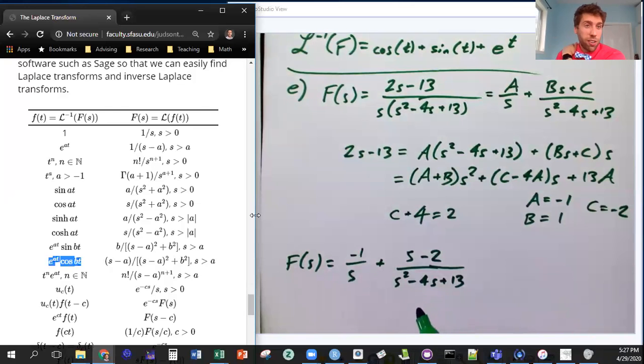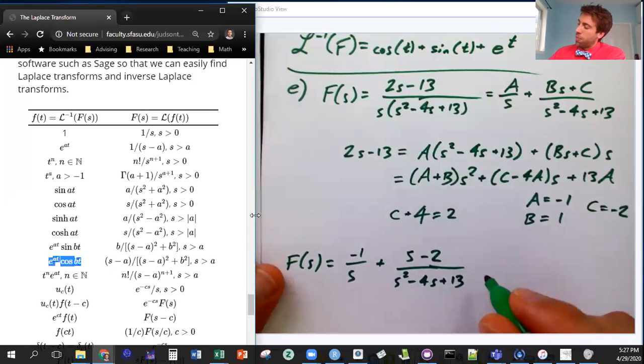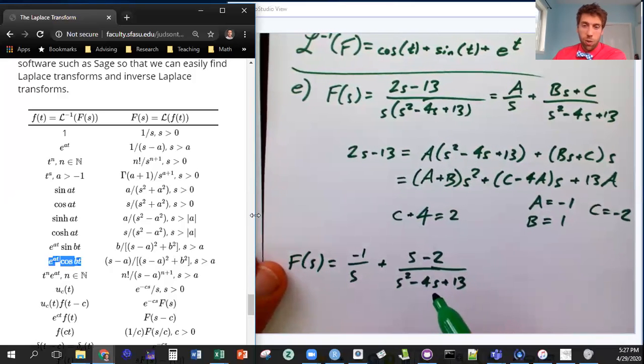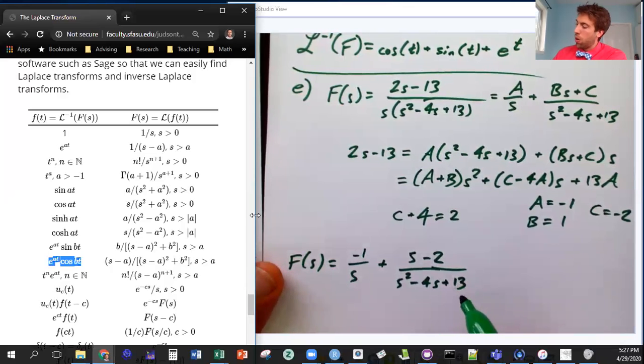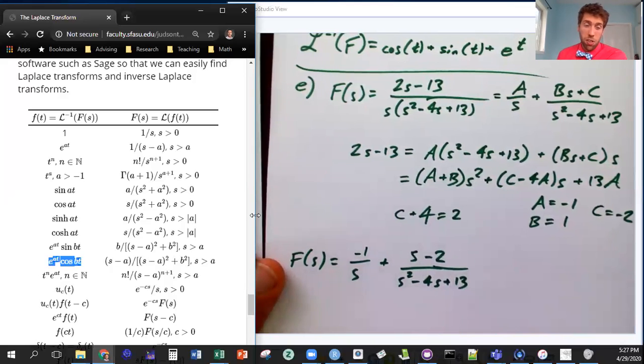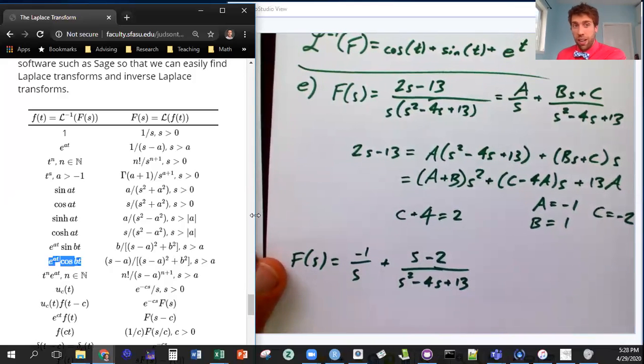So the next thing we have to do is complete the square. It's almost like all these algebra things you learned in high school are actually useful. So completing the square, you take the middle number, divide by 2 and square it. You really want a 4 there, not a 13. So split the 13 into a 4 and then 9.